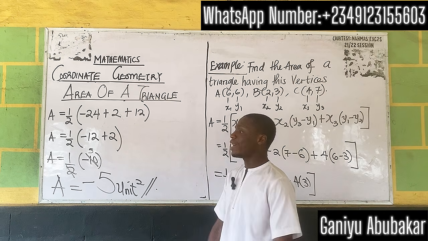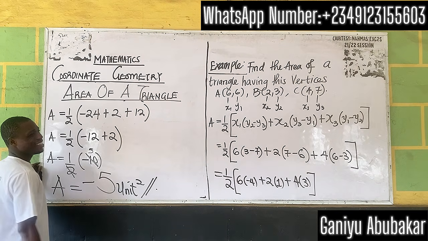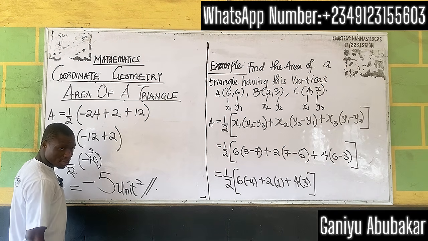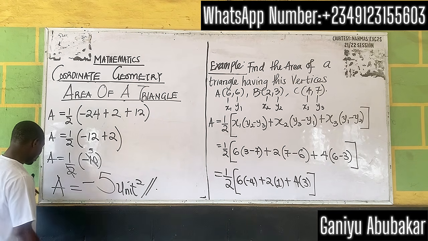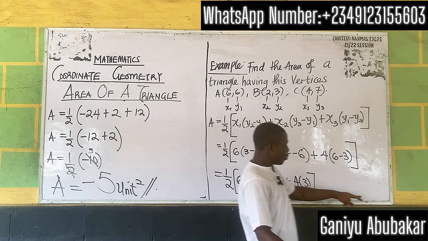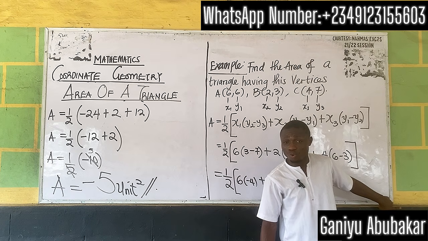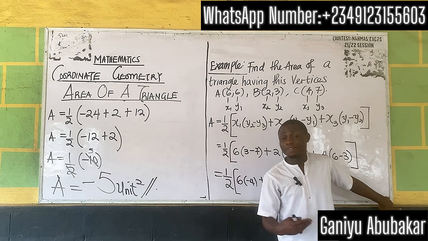this problem. But by the way, there are some things that can never be negative. Like if I ask you for the length, what's the length of this board? So from here down here, what's the length of the board? You are telling me minus 10. Is it possible? No. There are some things that can never be negative.